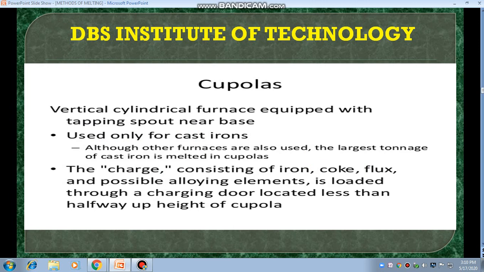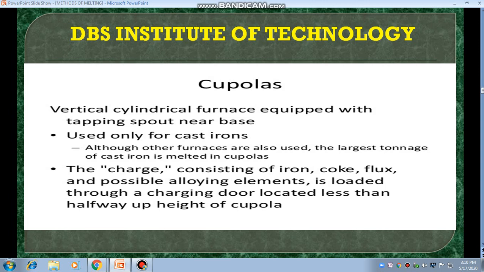Cupola furnace. It's just like a vertical cylinder furnace equipped with a tapping spout near the base. It's used only for cast irons. Although other furnaces are also used, the largest tonnage of cast iron is melted in cupolas only.